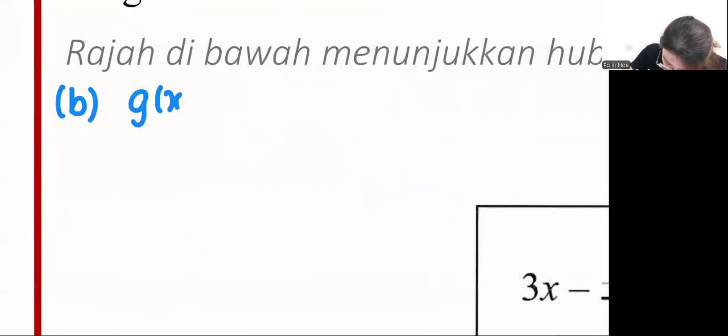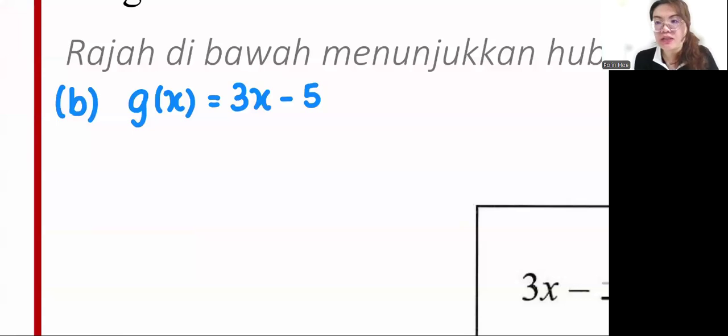We are given gx 等于 3x 减5. But what is the question? The question asks you what is fx?